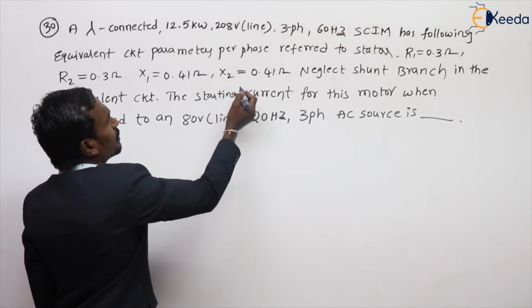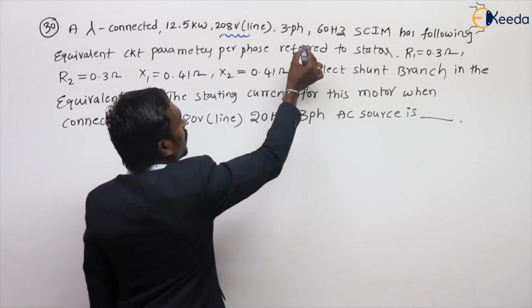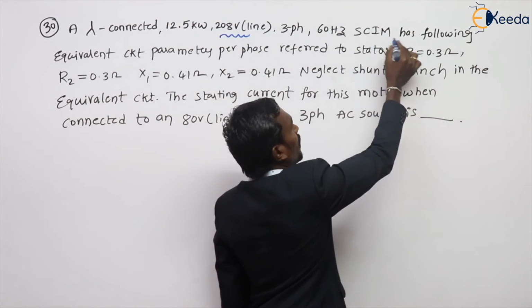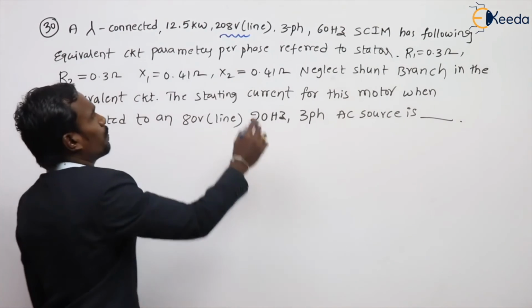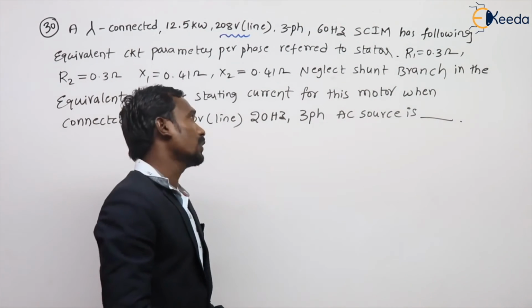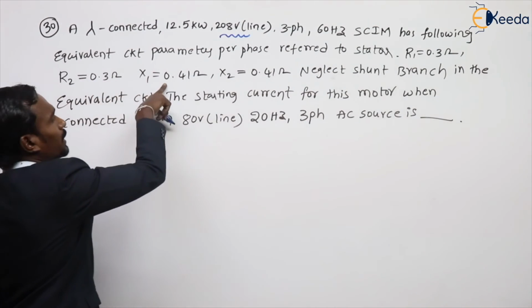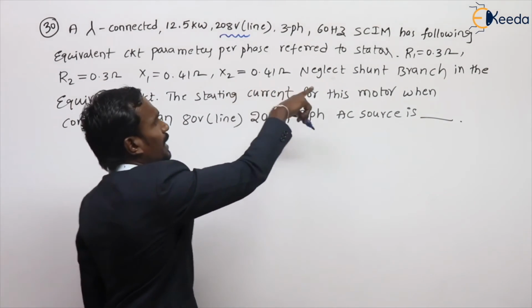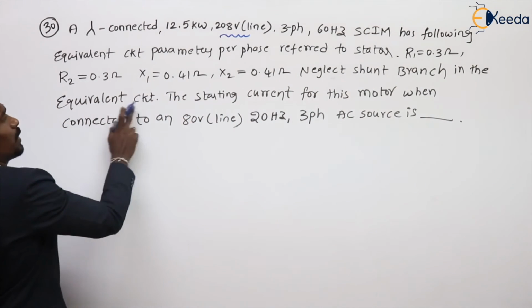A star connected 12.5 kilowatts, 208 volts, 3-phase 60 Hz squirrel cage induction motor has the following equivalent circuit parameters per phase referred to stator: R1, R2, X1, X2, neglecting the shunt branch in the equivalent circuit.